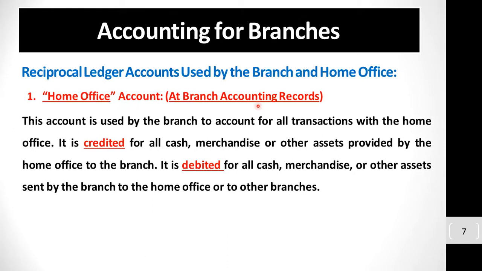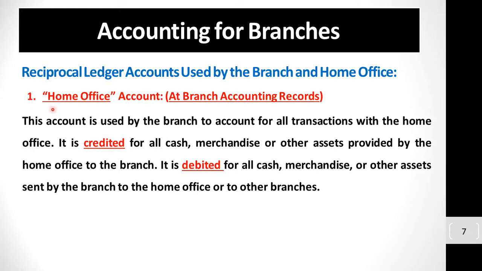When you open the journal of the branch, you're going to find this account repeated many times. Why? Because this is the account that the branch uses to record that some cash was sent from the home office, or some goods were sent from the home office to the branch.